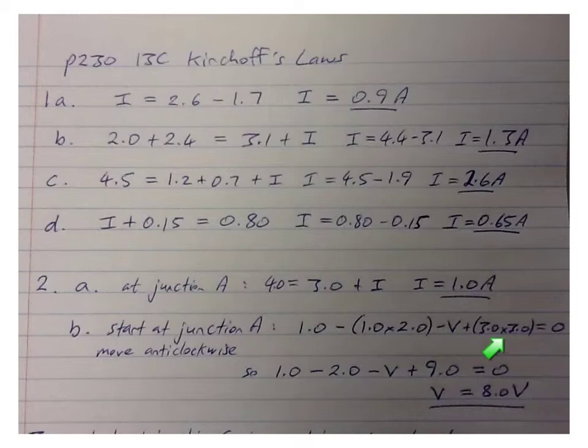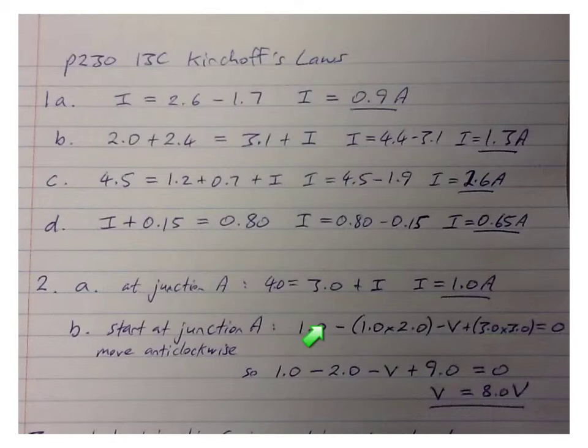The last thing is you come to the 3 ohm resistor, and because we're going backwards against the current direction of 3 amps, we are going to actually add that voltage. That's why there's a plus here. So we're adding 3 times 3, I times R. I is the current, 3 amps, and this value 3 is the resistance, 3 ohms.